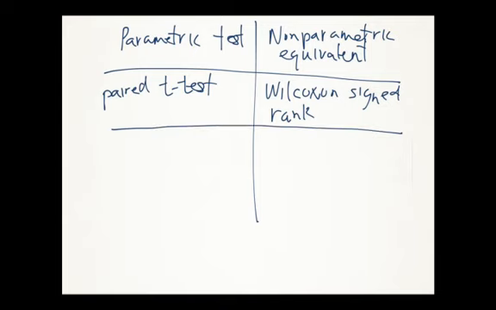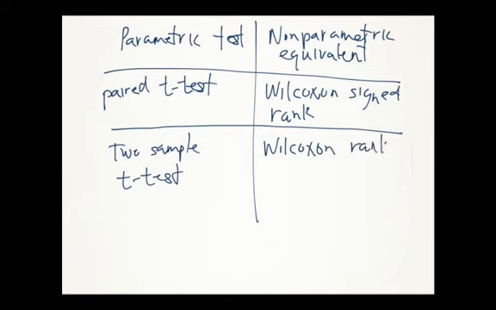Okay. Then when we had a two-sample t-test, when we had independent samples, and we had two different groups, the non-parametric equivalent was the Wilcoxon rank sum test.